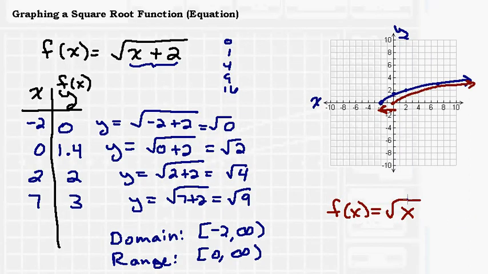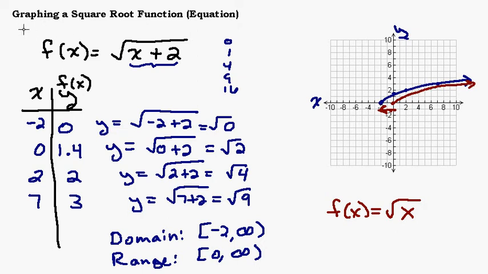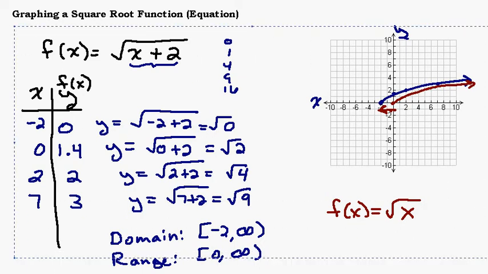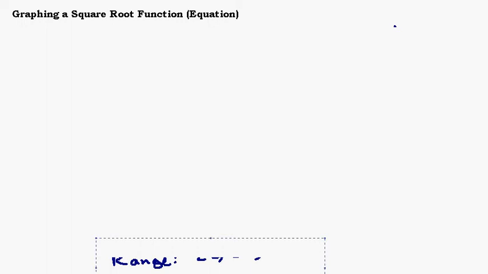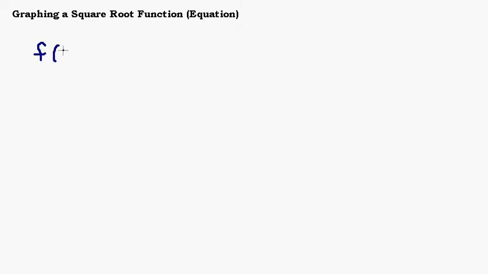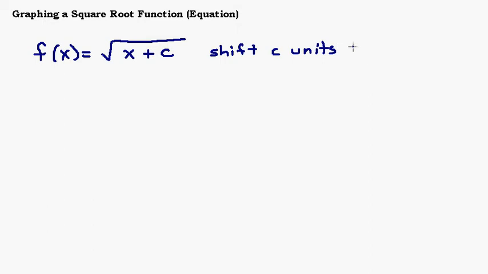Okay, so let me see if I can write that out for you. You have your basic square root shape, which was the very first one we did. And then if you have something like f of x equals the square root of x plus c inside the parentheses, whatever that c is, some number like 2, that's going to shift your graph c units to the left.